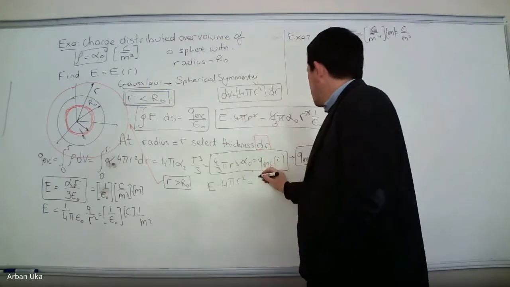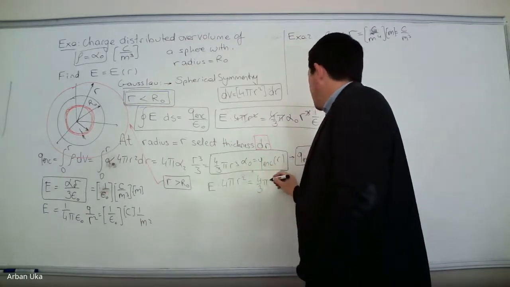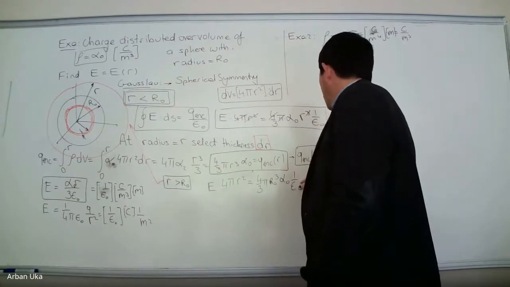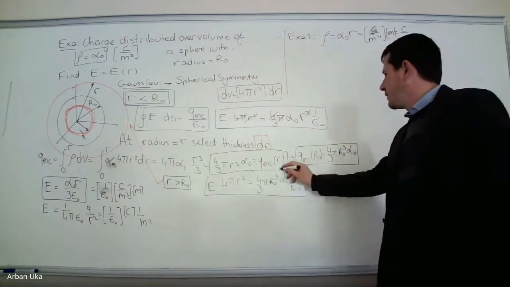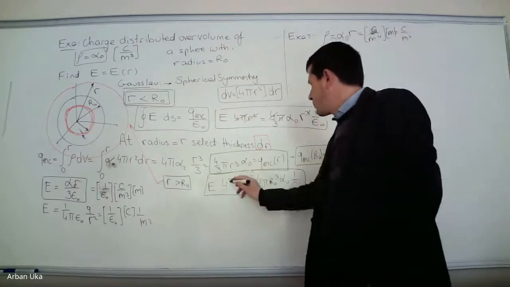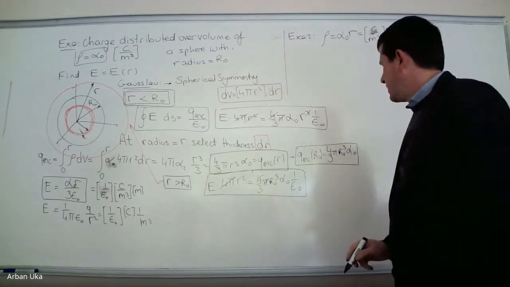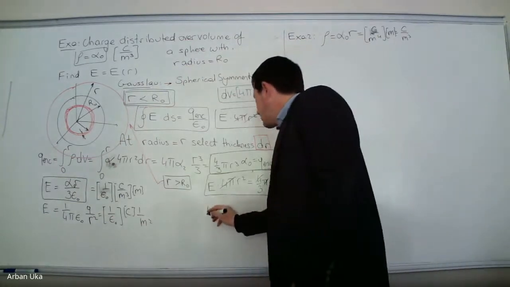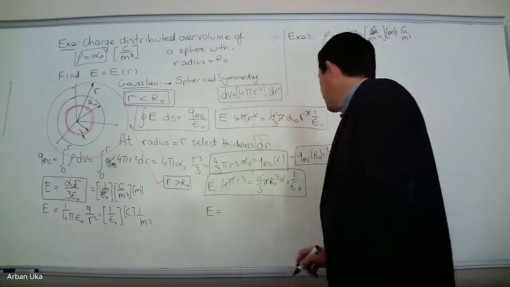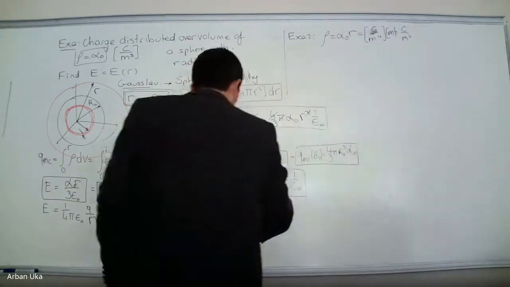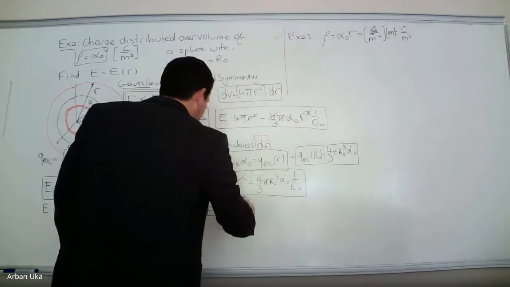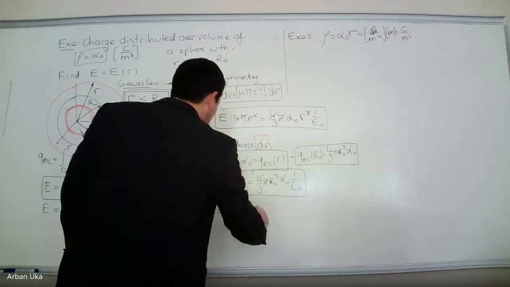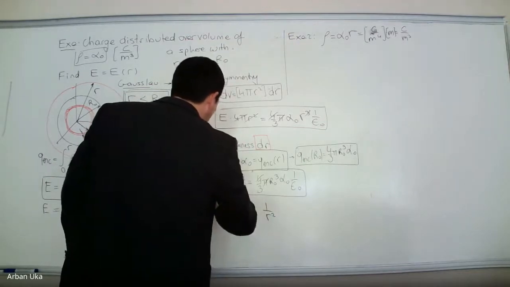This is equal to 4 over 3 pi r0 cubed alpha 0, 1 over epsilon 0. Then we observe that we can cancel the 4 pi's, and all these terms are constants. So the electric field will be alpha 0 r0 cubed divided by 3 epsilon 0 times 1 over r squared.